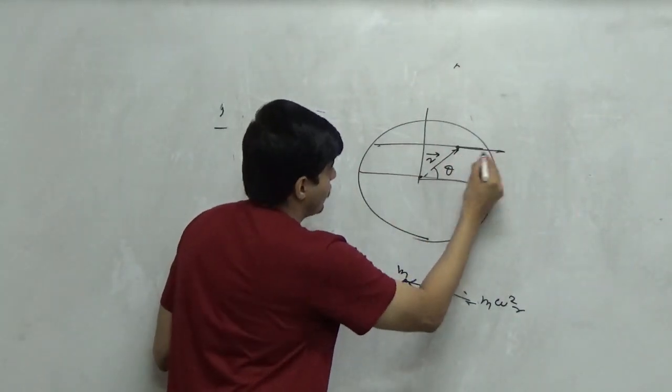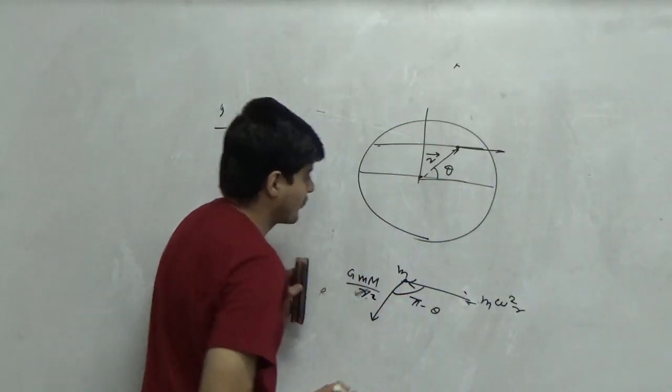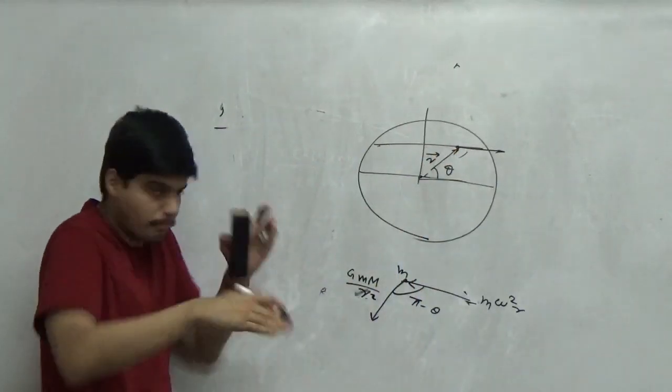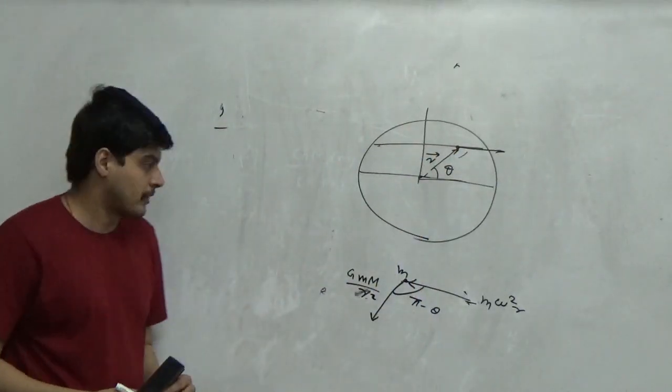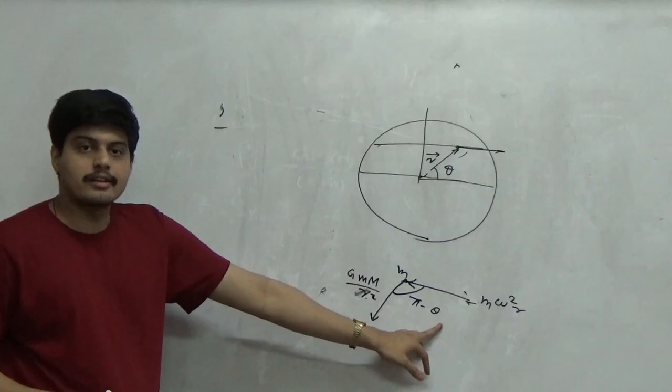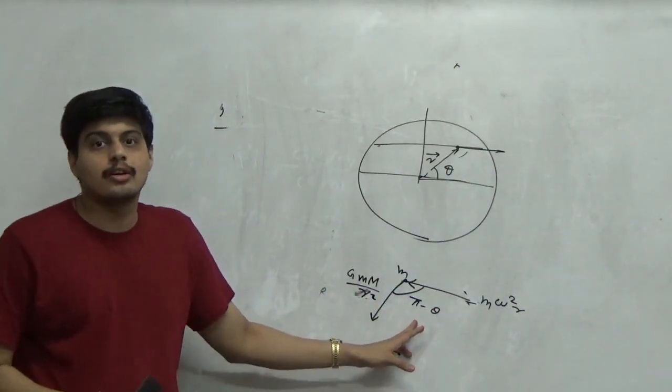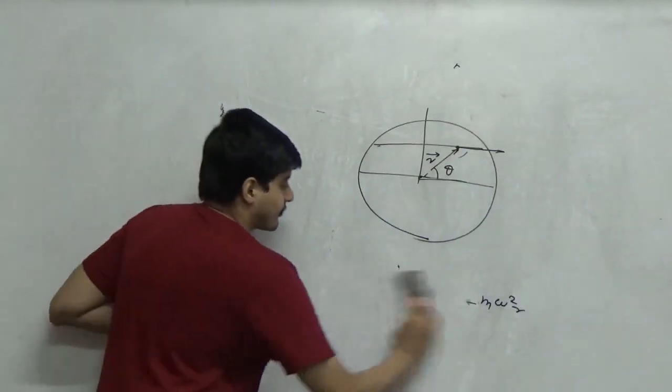So this angle is pi minus theta, because if I look at this angle, it is an obtuse angle compared to it, which means I have to get the resultant force. I have to actually add these two vectors using the standard cosine formula, right?